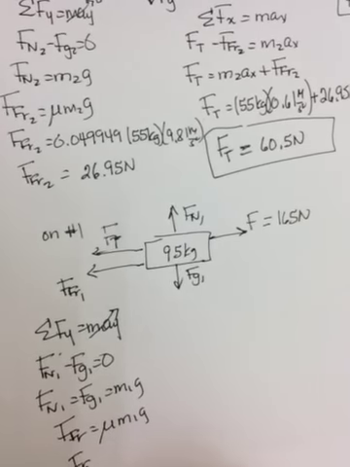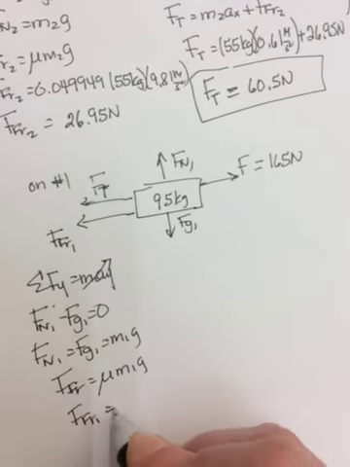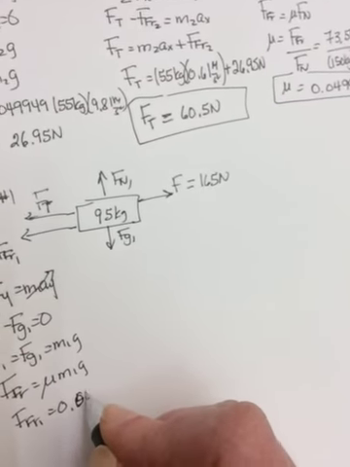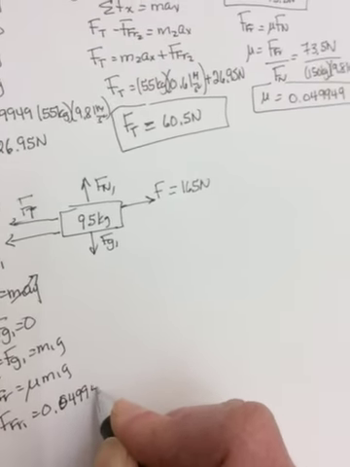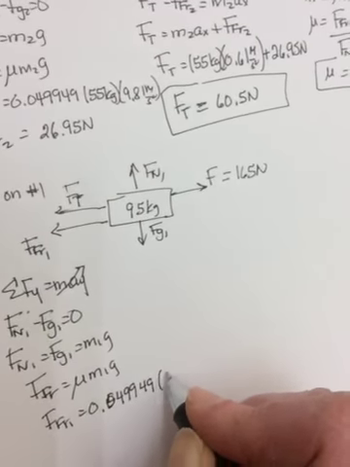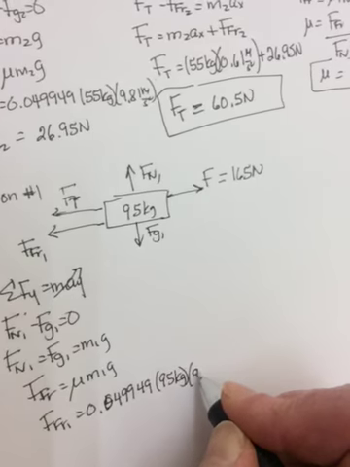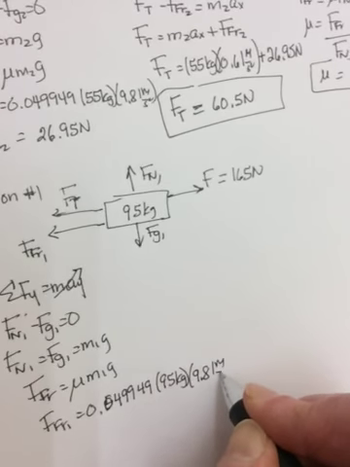So friction on number 1 will equal, our mu was what, 0.049949. M1 is 95 kilograms, G 9.81 meters per second squared.